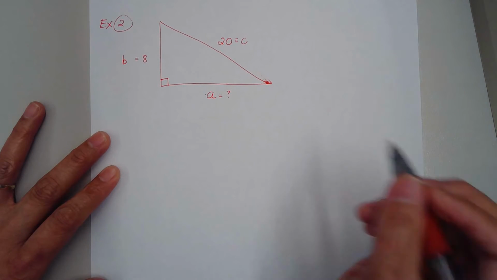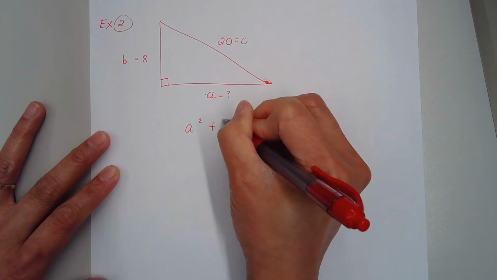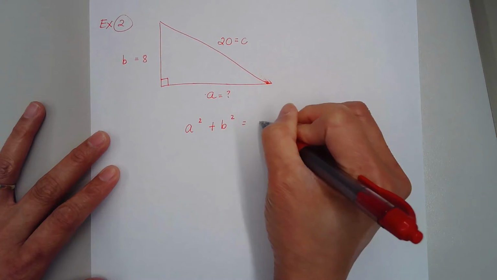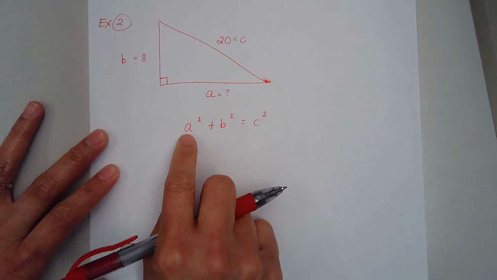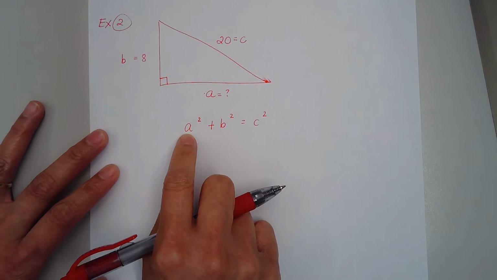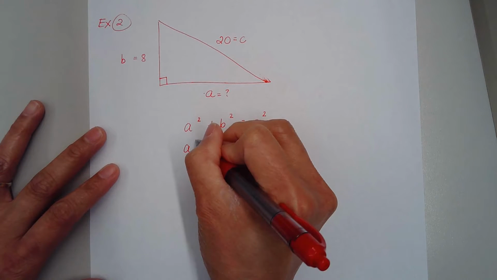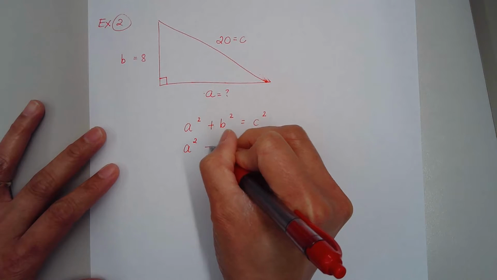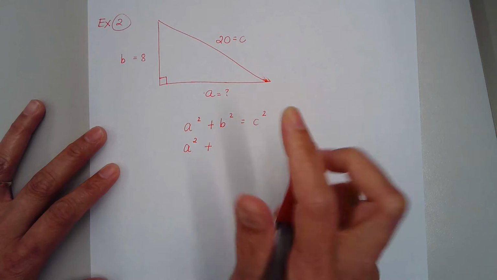So what's the formula again? A squared plus B squared equals C squared. What do I replace the A by? Do we know what the A value is? No? Okay, so we're just gonna put A squared plus, what do we replace the B? 8.